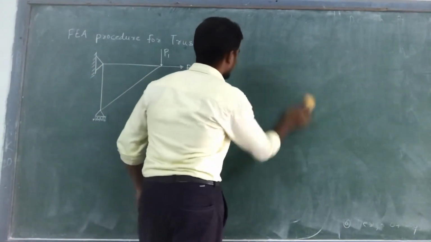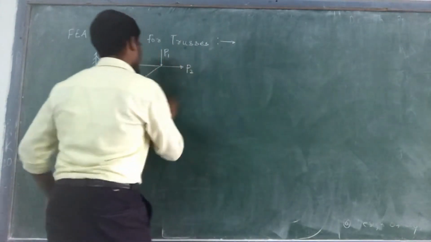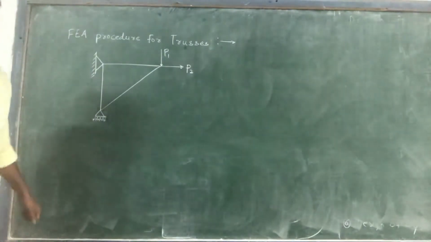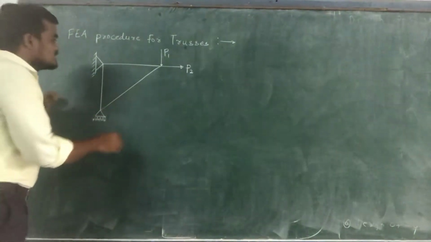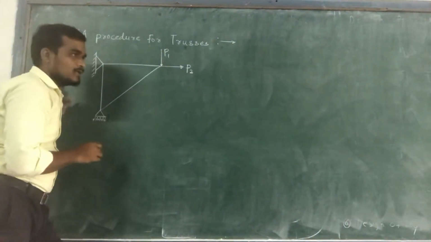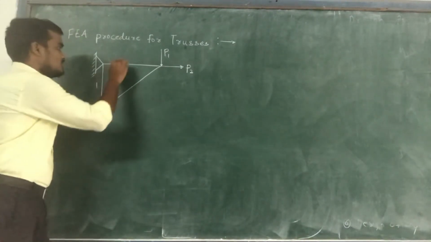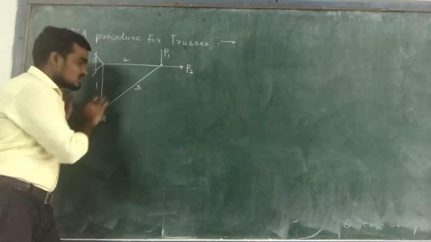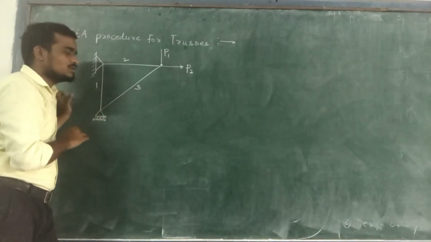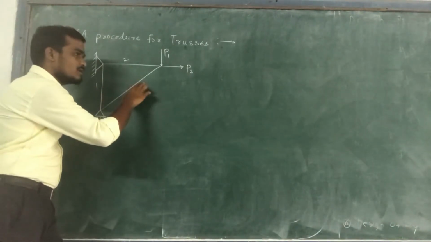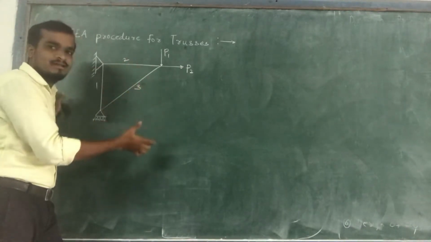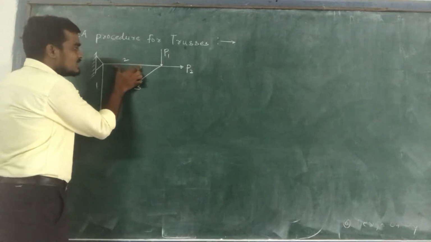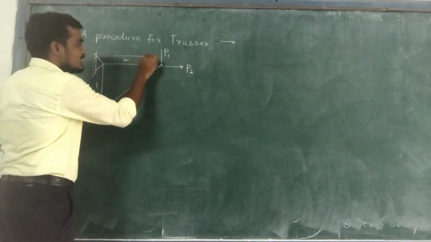Now we will see the finite element procedure, how to solve a truss problem by using FEA. This is the truss problem. There are three members, 1, 2 and 3. From this truss problem you will come to know that each member has a different axial direction.